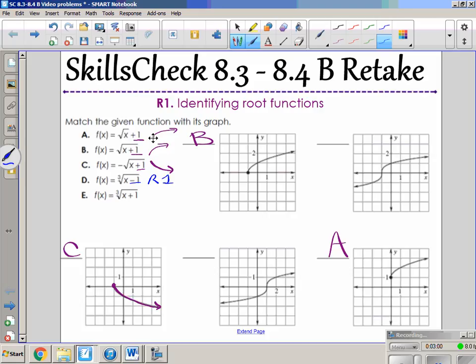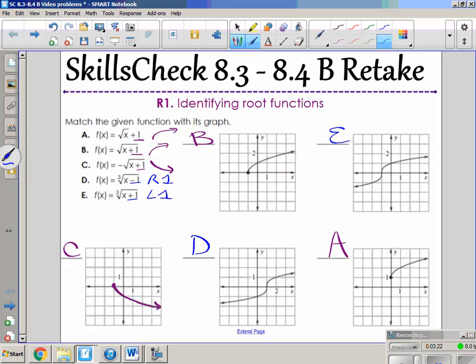So the cubic graph that's been shifted right 1 is the fourth graph. So that makes option D down here. And then in E, again, it's the cubic root graph, but the plus 1 opposite means left 1. So the cubic root graph that's been shifted left 1 is the second one here. So that makes this one E.